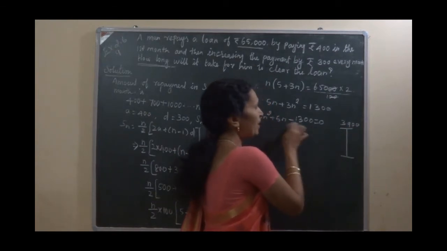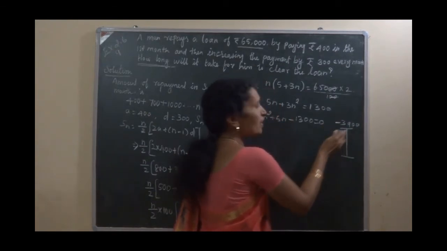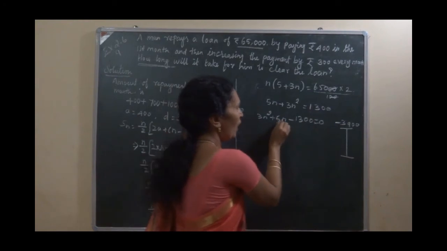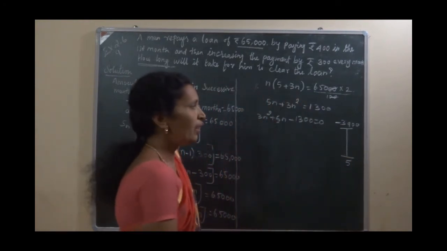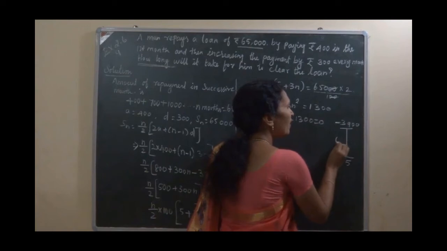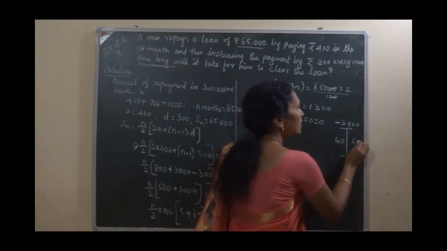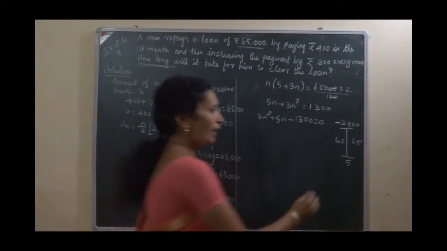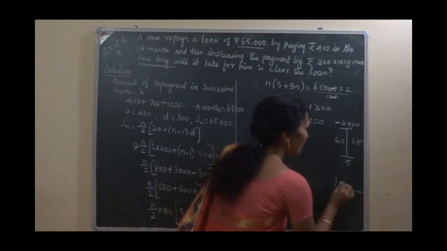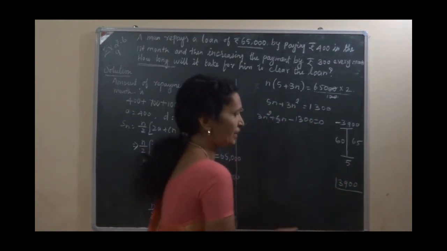So minus 3900, and the middle value is 5. We know 60 into 65 is 3900. Otherwise you can check like this: for a big number like 3900, you factorize it.